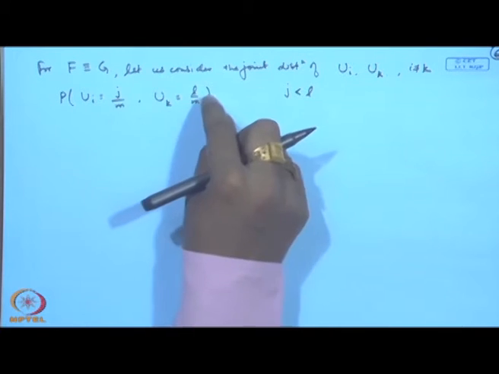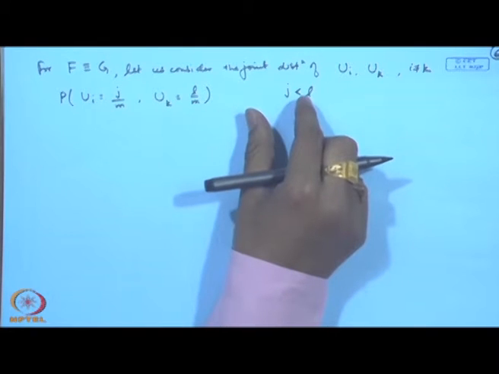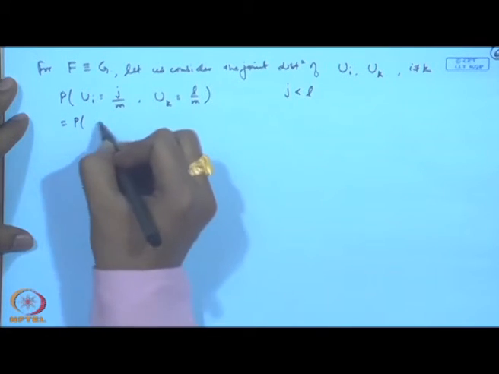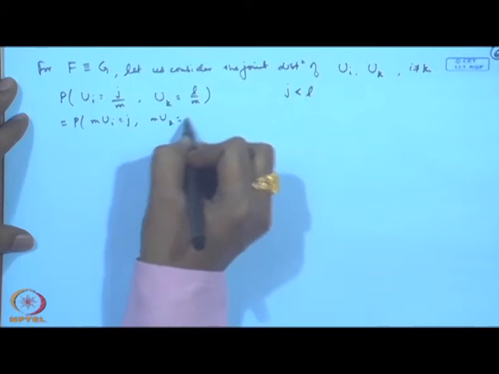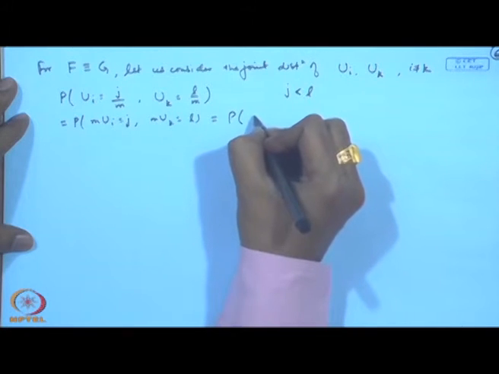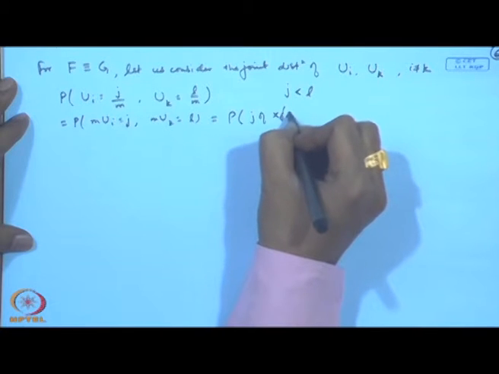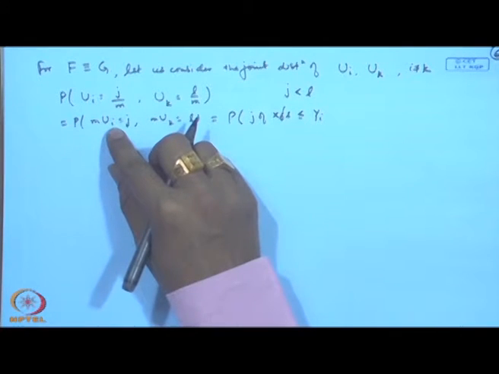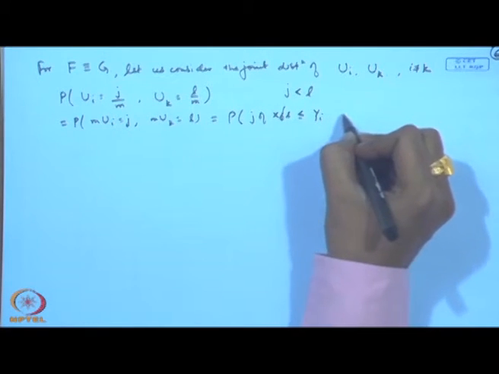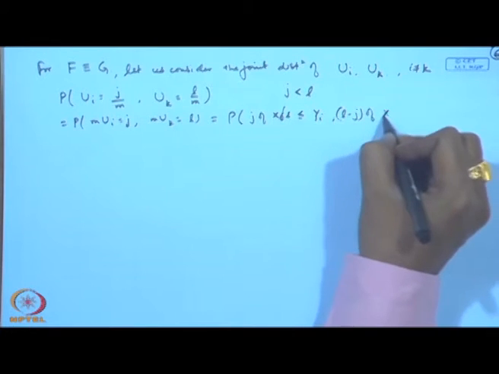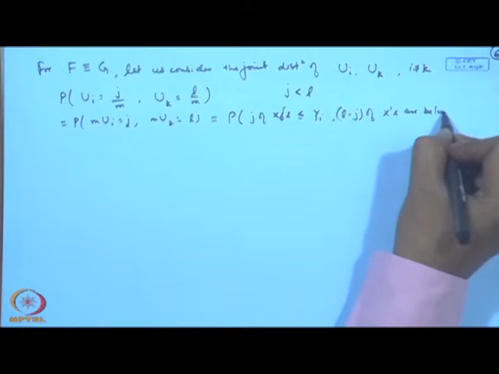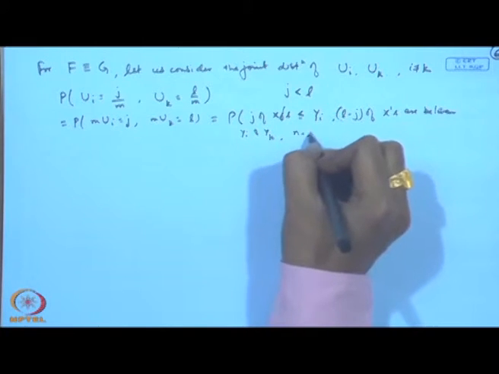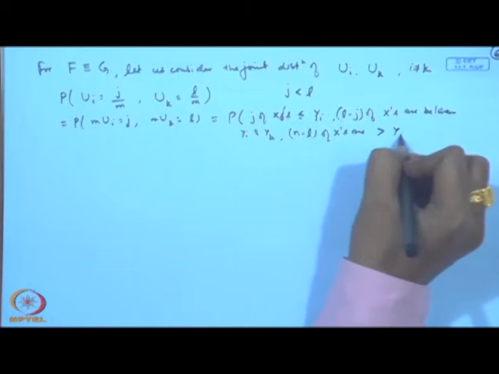So, there can be three cases: j equal to L, j less than L and j greater than L. Let me take j less than L. If j is less than L, then you are actually writing the probability of m u i equal to j and m u k equal to L. That means it is actually the probability that j of the x s are less than or equal to y i, which is based on f of y i, and then L minus j of the x s are between y i and y k, and then n minus L of the x s are more than y k.